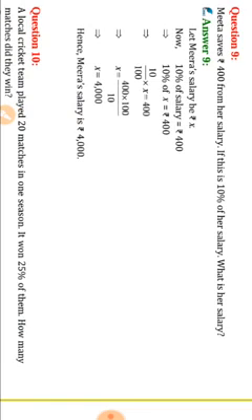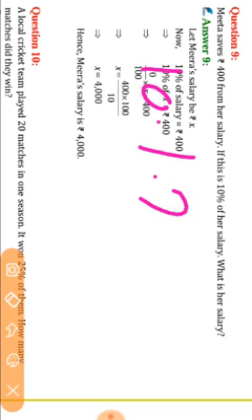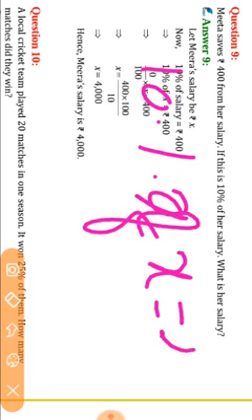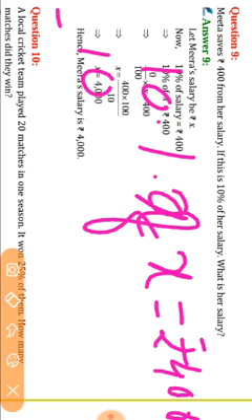Meera saves 400 rupees from her salary. If this is 10% of her salary, what is her salary? See, the whole quantity, let her salary be x. 10% of x is rupees 400. Then 10% is nothing but 10 by 100.